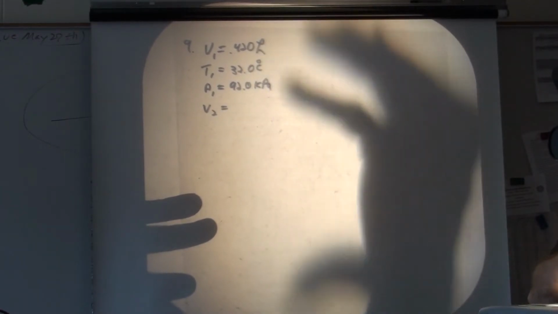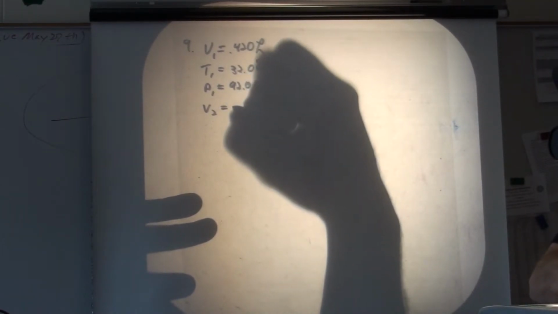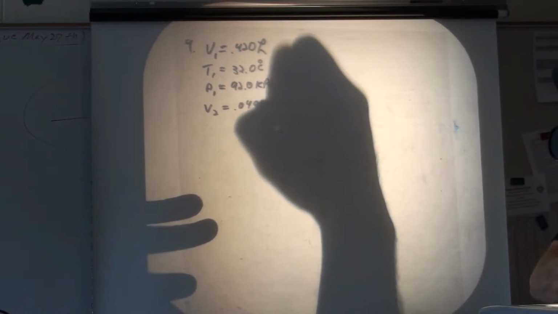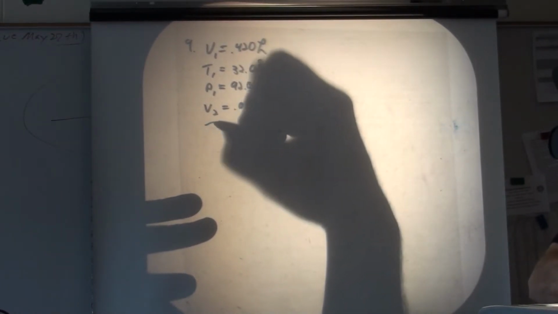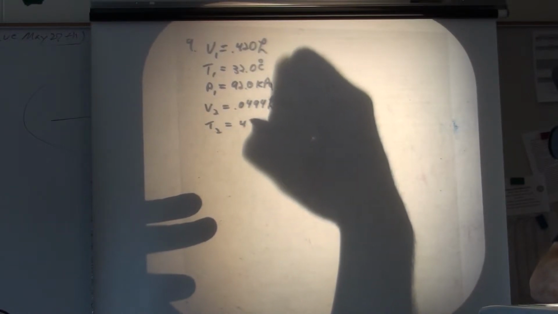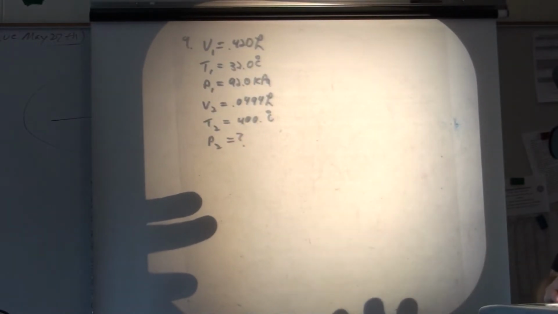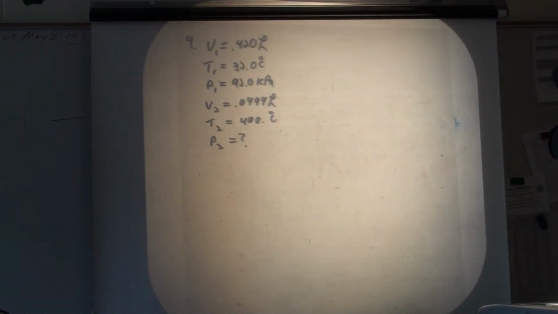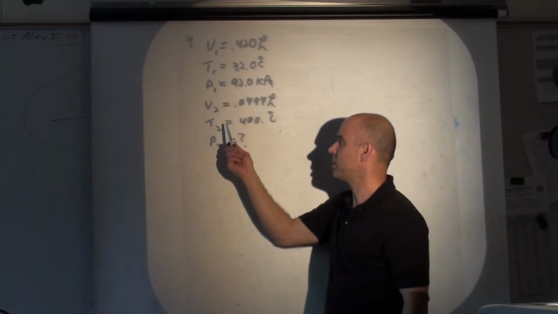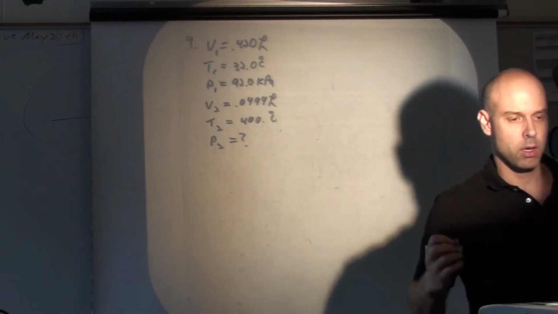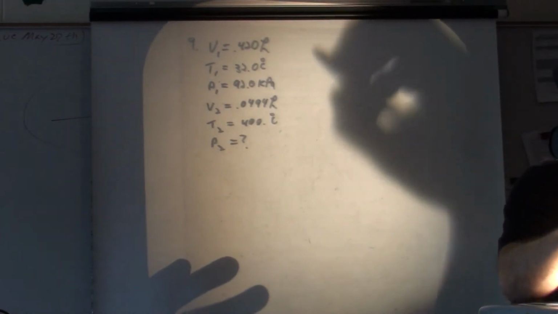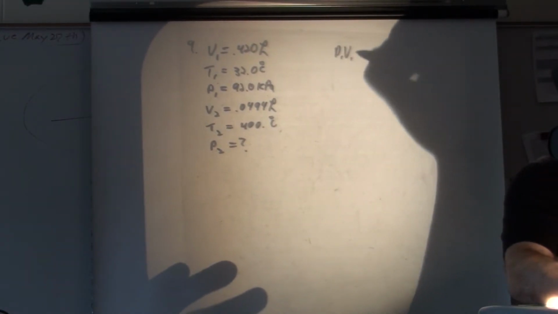Then you compress the volume to a tiny little area. The temperature is higher. And we want to know what the new pressure is. So we need an equation that has V1, T1, P1, V2, T2, and P2. There's only one equation that has that. And that's the combined gas law.